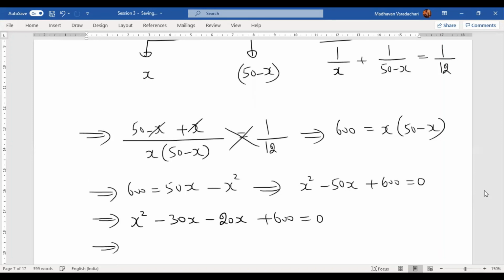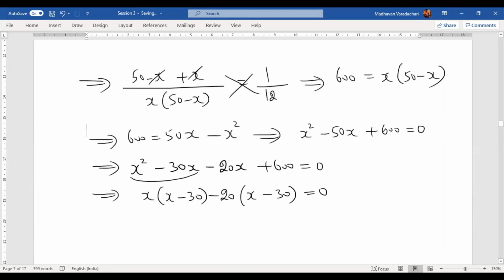Now in the first two terms, common is x, take it outside, x minus 30. In the second two, common is negative 20, take it outside. This will be x minus 30 equal to 0. Now in these two terms, common is x minus 30.